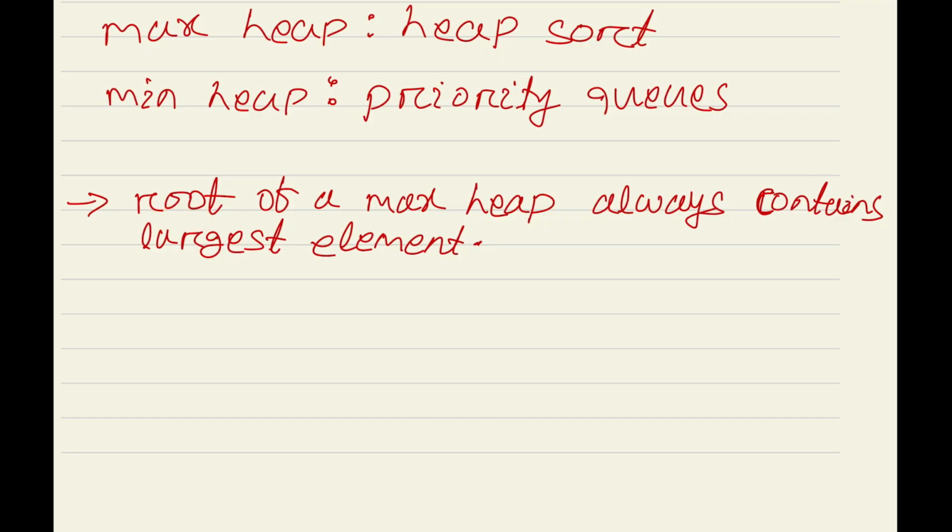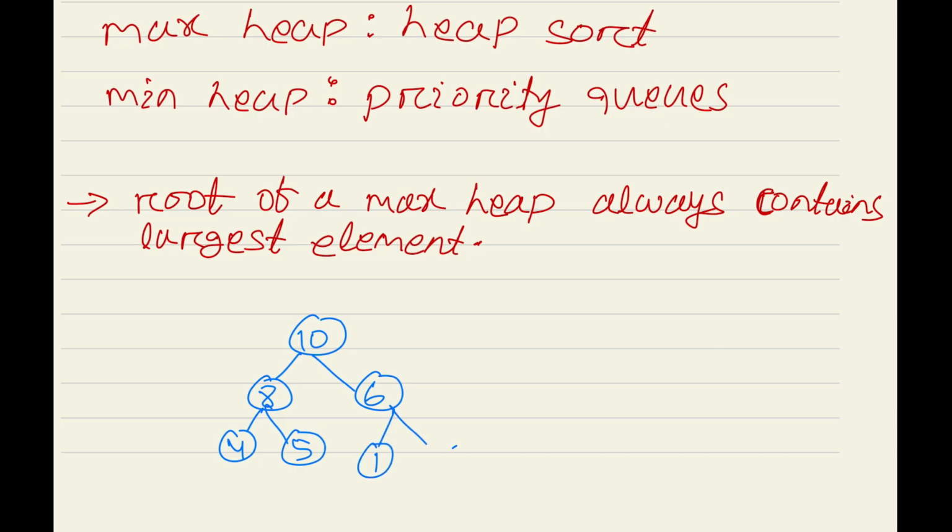We will take one more example on this. Suppose a max heap is like this. Assume 10, then 8, then 6, then 4, then 5, then 1, then 2. Here the first condition is satisfied, it is a complete binary tree, and for the second one, you can check the key value of parent is always greater than its children.